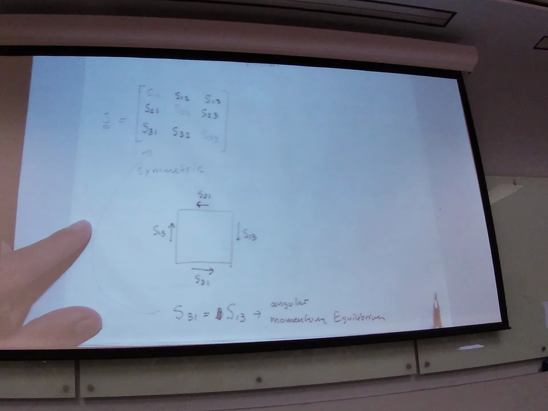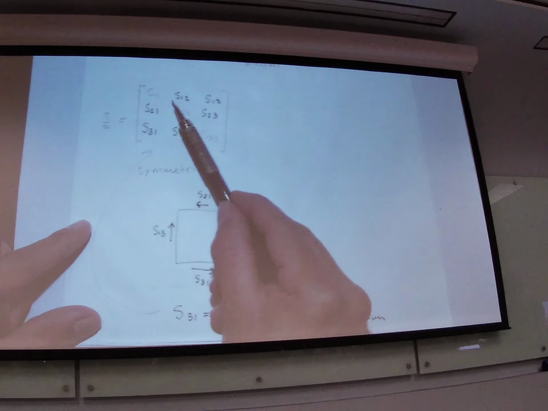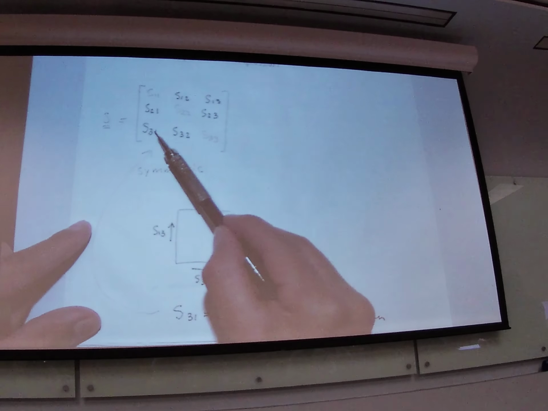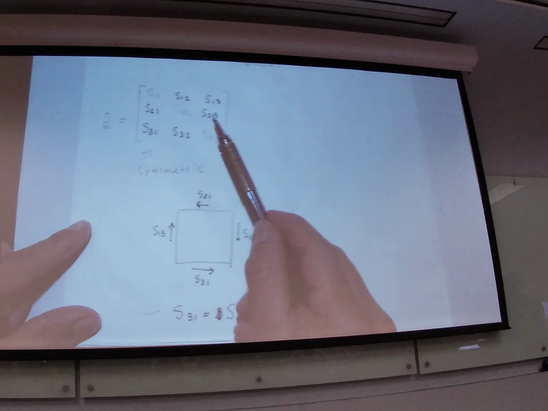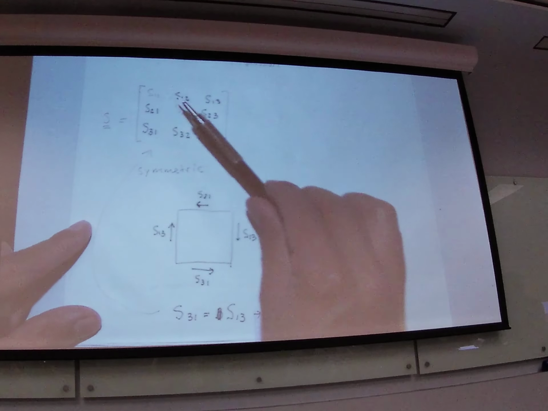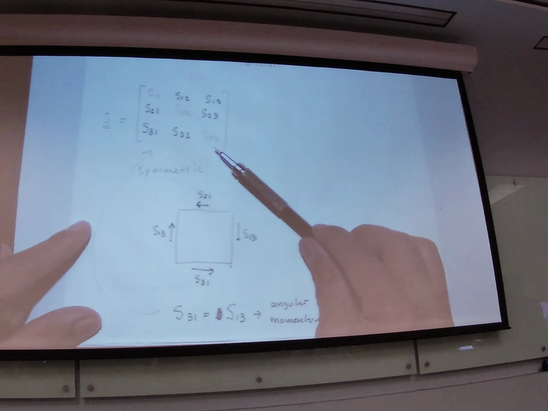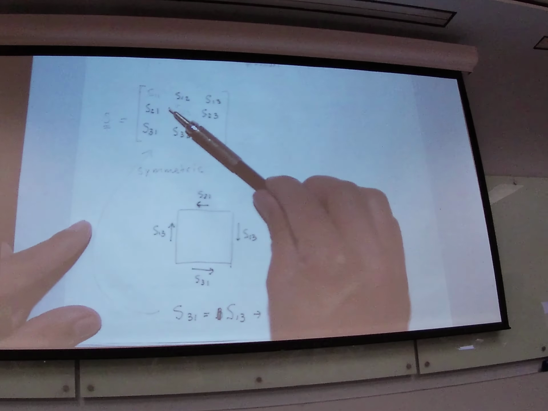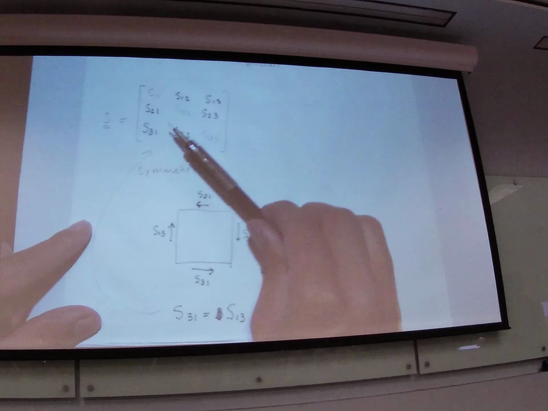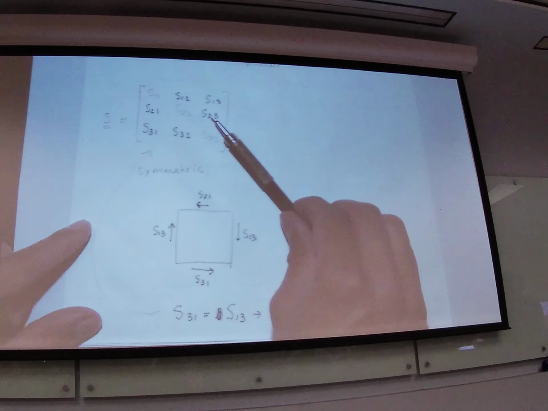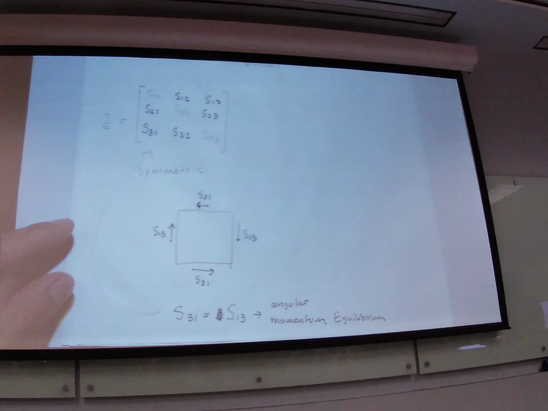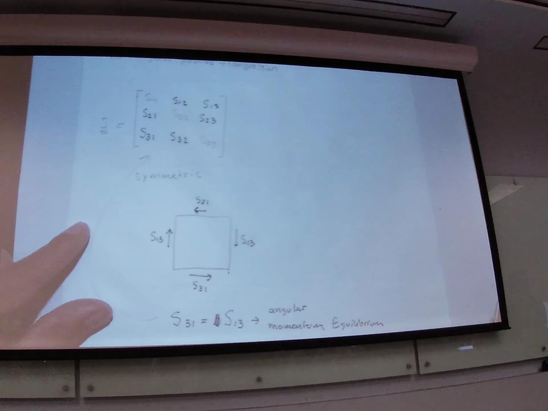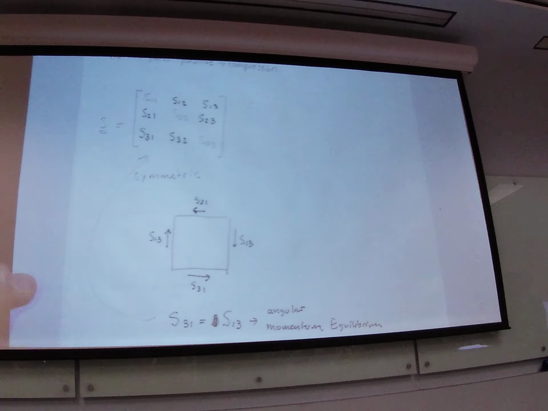And it's going to be symmetric because this number is going to be equal to that one, this one is going to be equal to that one, and this one is going to be equal to that one. So it's symmetric with respect to the diagonal. It's like if you have a mirror over here, this one is equal to that one, and this one is equal to that one.